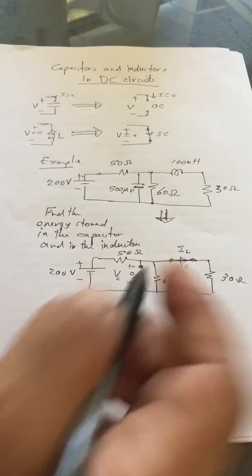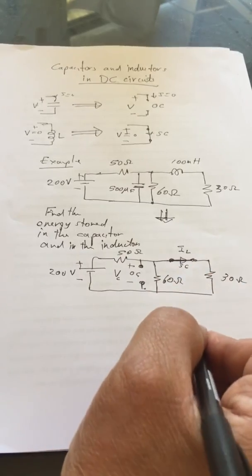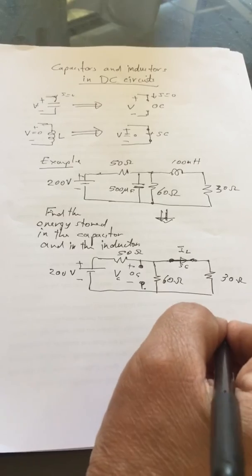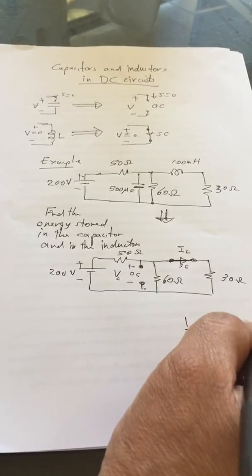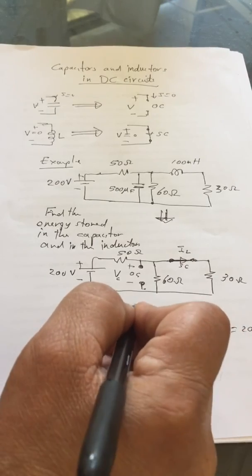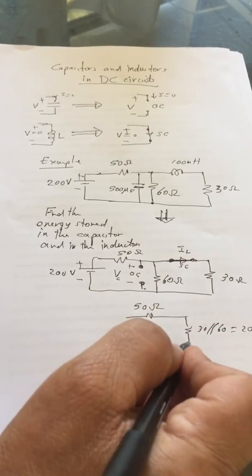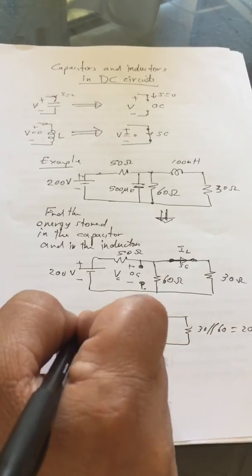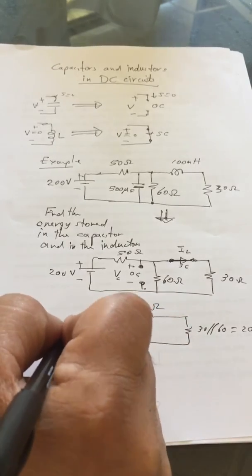So we see the 30 and 60, we can replace them with 30 parallel with 60 will give you 20 ohms. And series with the 50 ohms. Okay? And we have the voltage source here, 200 volts.